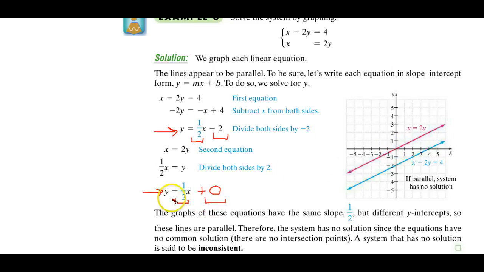So when the slopes are the same and the y-intercepts are different, the lines are parallel. So would there ever be a point of intersection? And the answer is no, no solution.